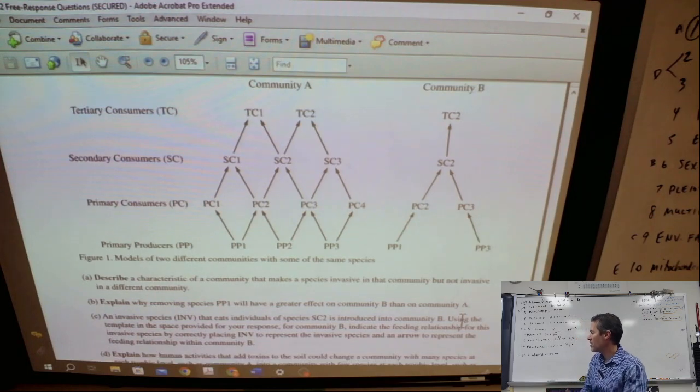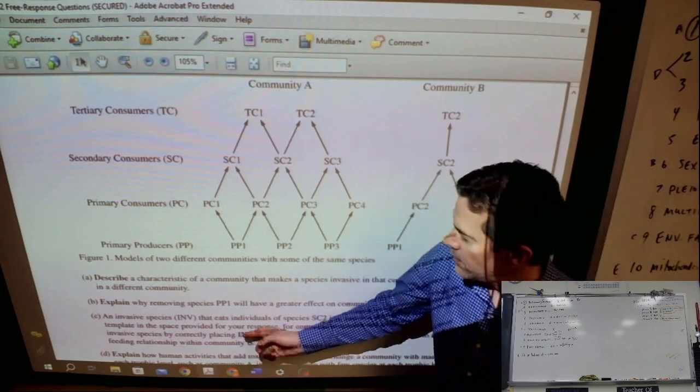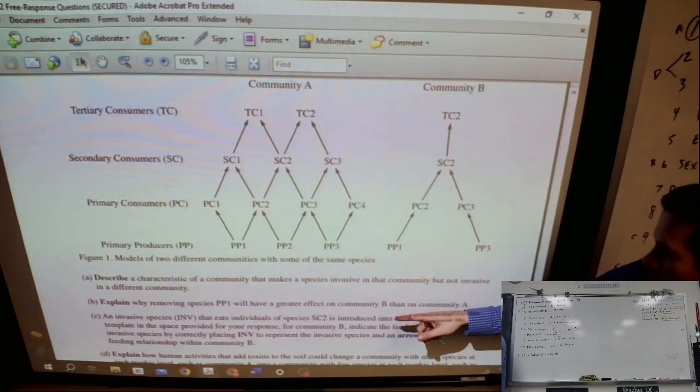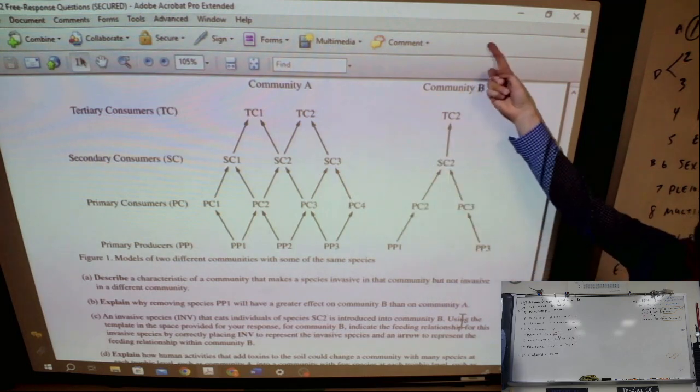And you might not be there yet, but when you get to part C and it says using the template provided, like for community B, this is the template provided. So you can just draw on that.